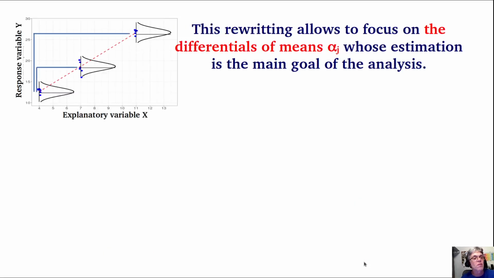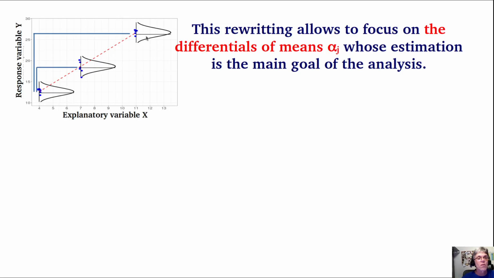A simple way of depicting this is that we define this, for instance, as the reference group, and this bar here shows the differential, the alpha, showing the difference between the mean of this group and the mean of this second group, and this bar here shows the difference between the mean of the reference group and the mean of the third group.